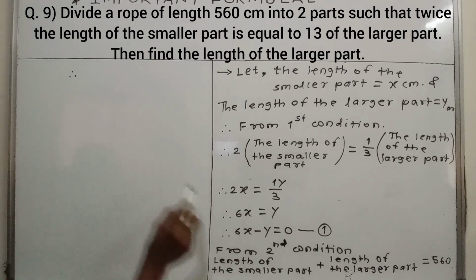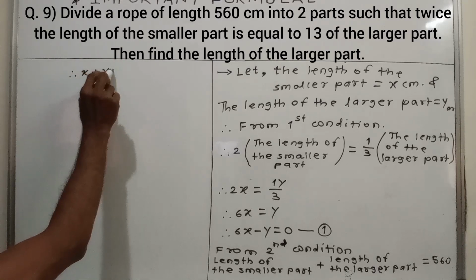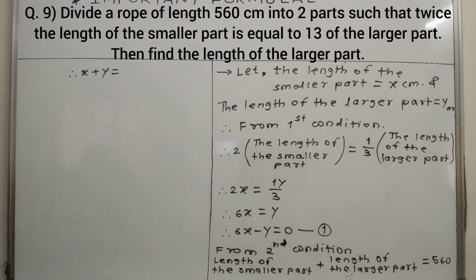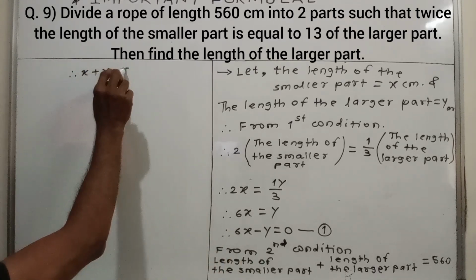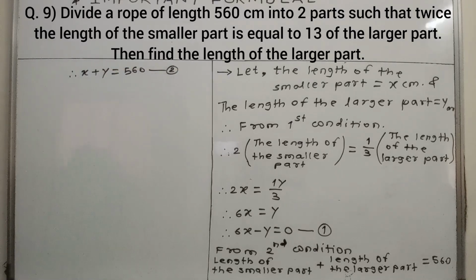Therefore, length of smaller part x plus length of larger part y is equal to 560. Did you get it?